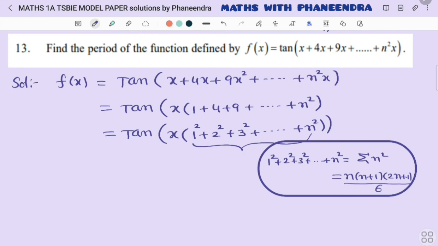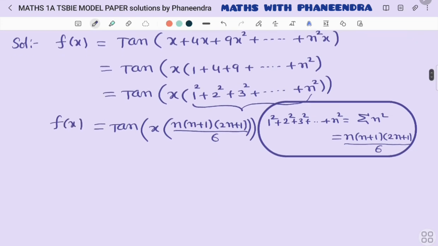This is the formula. So in place of the bracket, tan of x into n into n plus 1 into 2n plus 1 by 6. So this is about f of x.